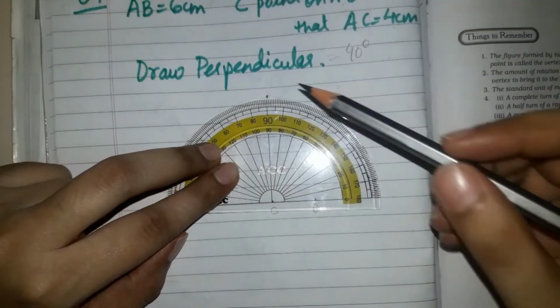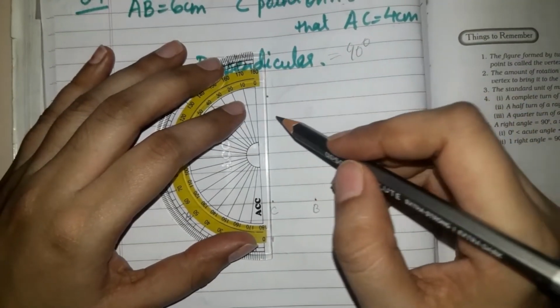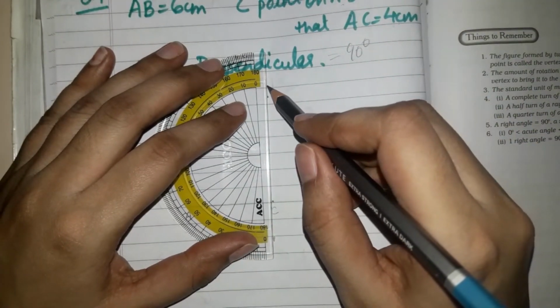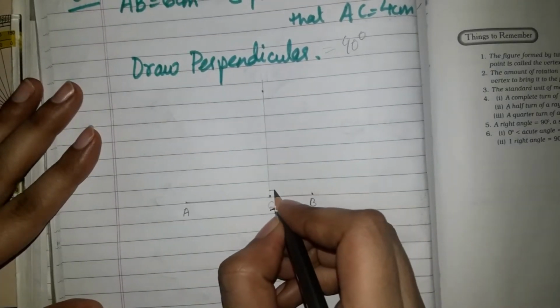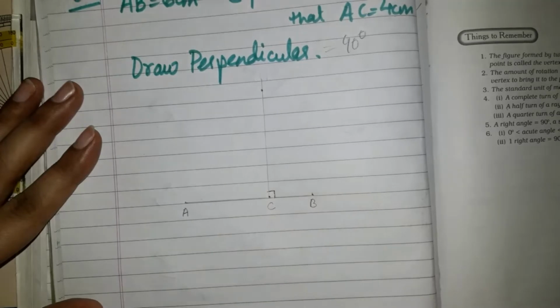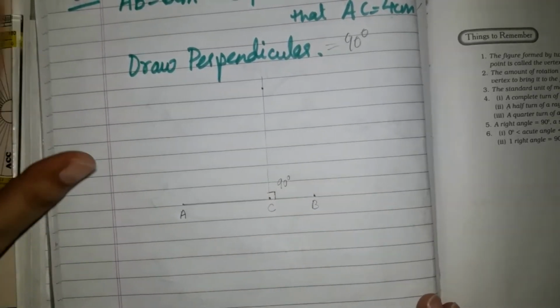Okay, now I got 2 points, and using my scale I'll draw a straight line. Okay, and remember a right angle is always marked with this, and I'll mark it 90 degrees. So this is question number 4.